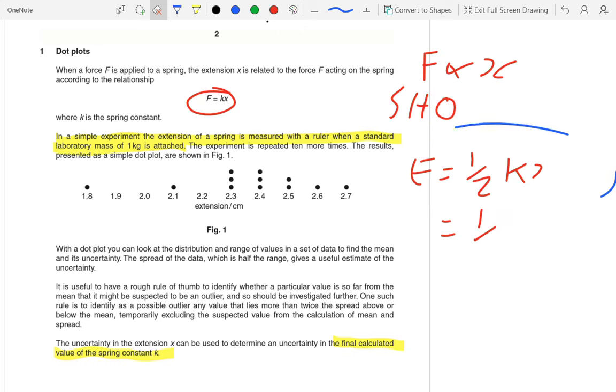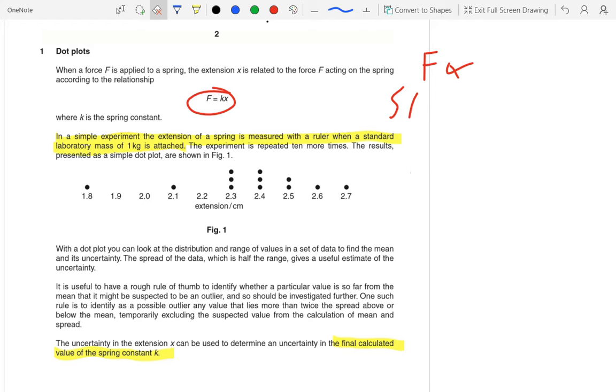So we'll look at what it says about the data in the plot afterwards as well. It says you can look at the distribution and range of values in the data to find its mean and uncertainty. If you've done statistics in maths at A level, then you'll think, oh, uncertainties, that might be something to do with standard deviation.